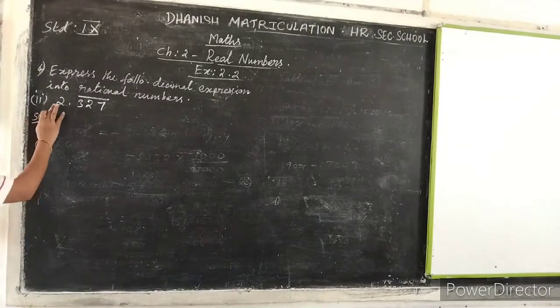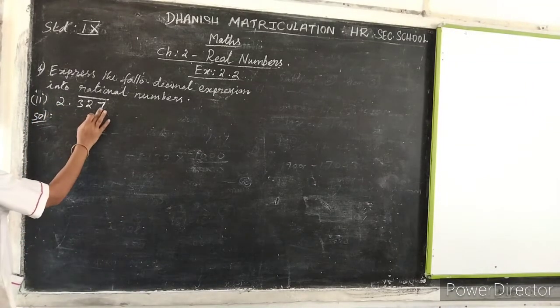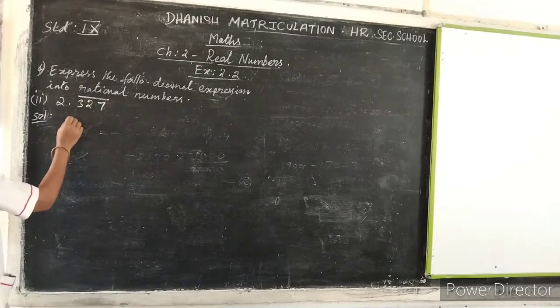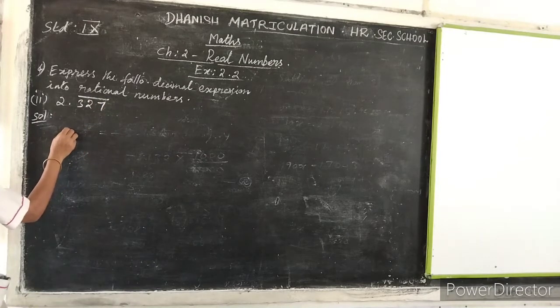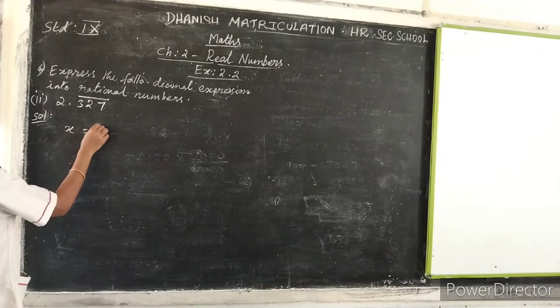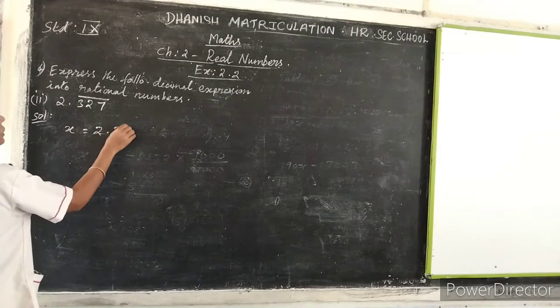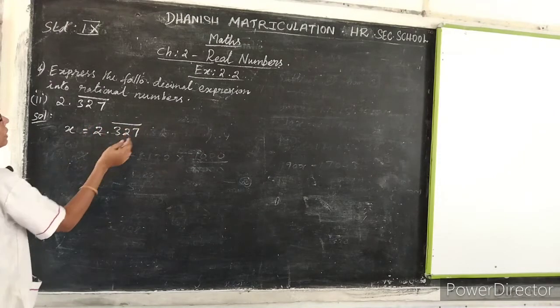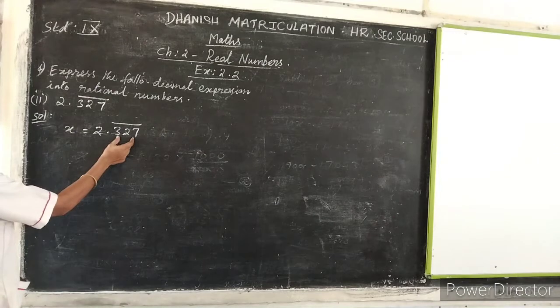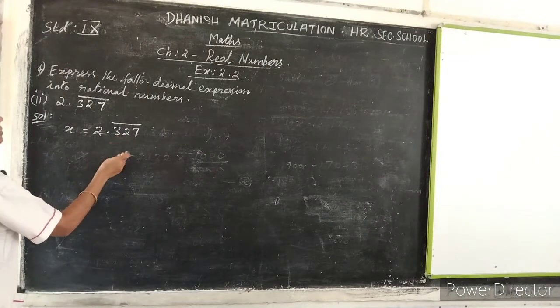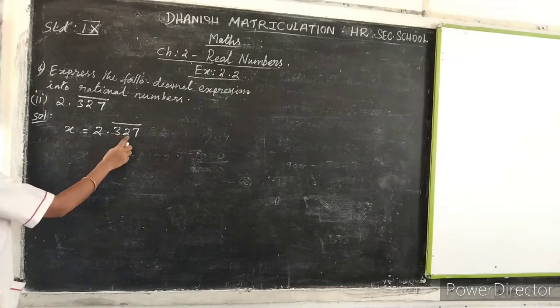Now second subdivision, 2.327 with the whole bar. Let us take the given decimal as x is equal to 2.327 whole bar. Here the period of decimal is 3. The repeating digits are 3, 2, 7.